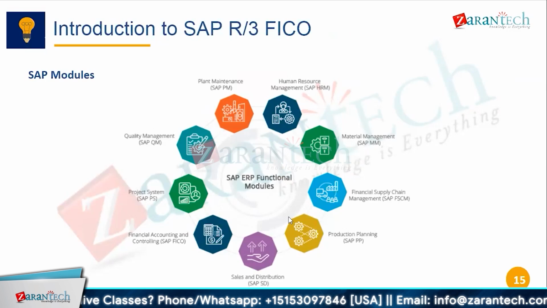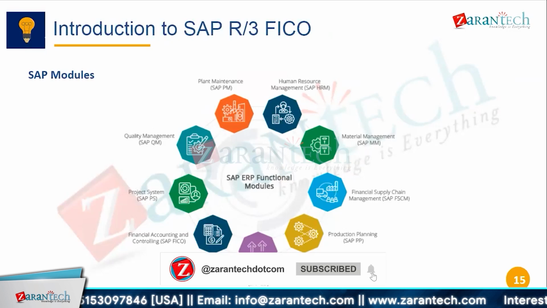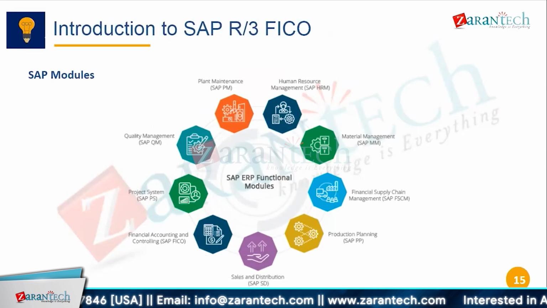So what we saw before were the generic sub-modules of an ERP system. Now we are taking a look at some of the modules which are in SAP, the functional modules. So you have SAP PM, which is plant maintenance, and human resource management, commonly referred to as SAP HRM.